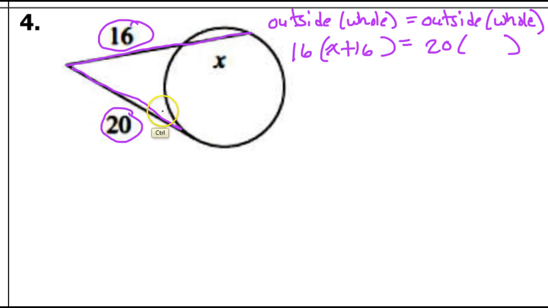But for the bottom here, the outside part is the only part. So that makes it also the whole thing is 20. So I wind up putting 20 twice. All right, it's 20 outside and also the whole thing is 20. So 20 times 20. So that's going to be 16 times x plus 16 is equal to 400.